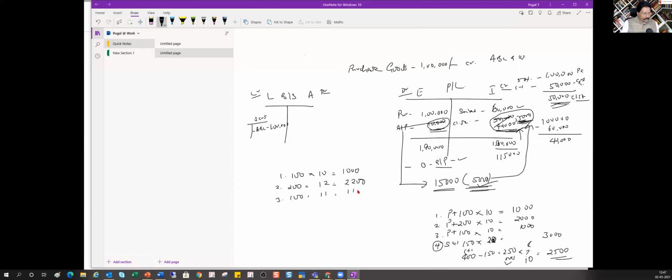FIFO basically stands for first in, first out. So what do we understand by this? Very simple. It says whatever product you have purchased first, it is assumed that you are selling that item first. So whatever came in first goes out first, right? That's your FIFO method.